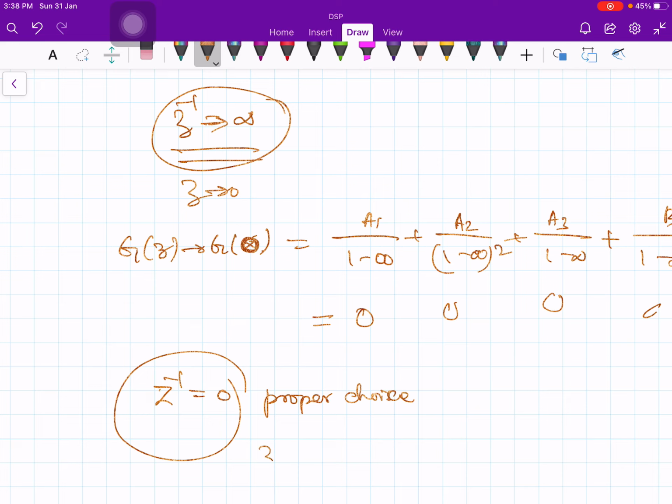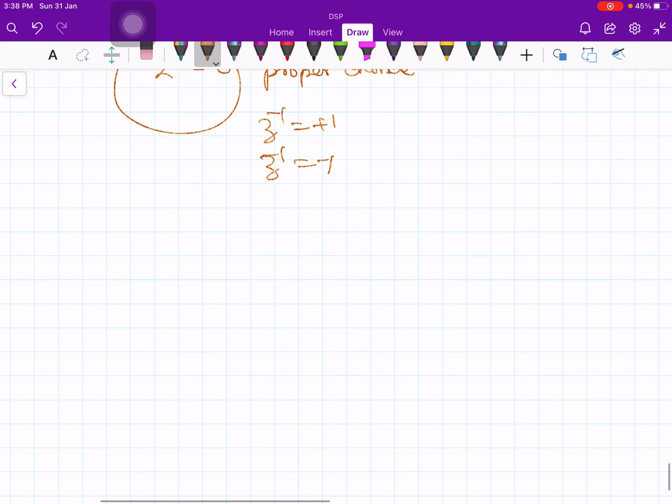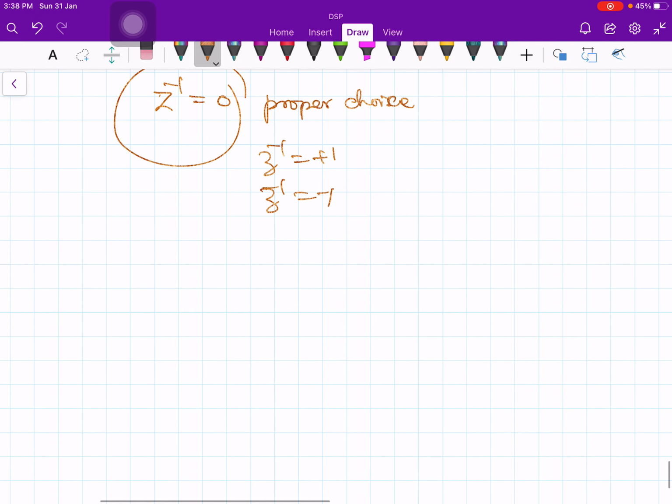Similarly, z inverse equal to plus 1 and z inverse equal to minus 1 can be proper choices. These are the simple choices and this usually does the job. So that's how you will approach the inverse Z transform whenever you have repeated poles.